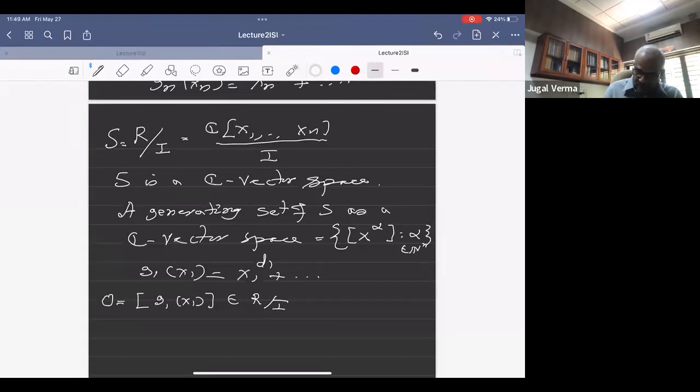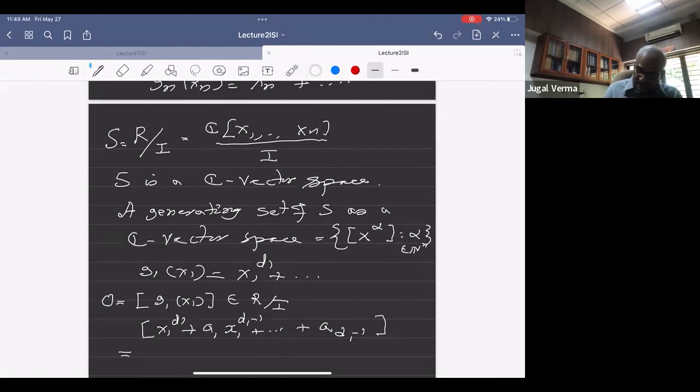But this residue class is the residue class of x1^d1 plus, say, a1 x1^(d1-1), etc., plus a_(d1-1).